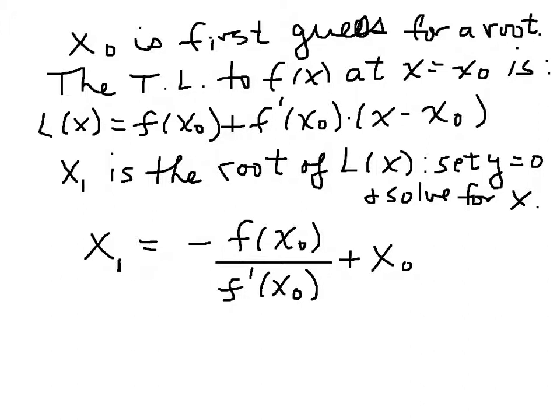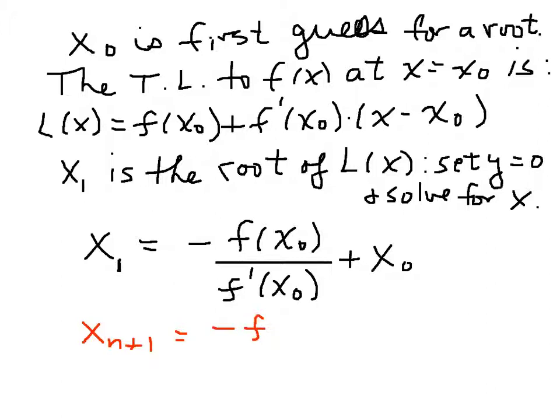And so in general, what we have is the rule for finding the next guess wherever we are. The n plus first guess will depend upon the previous one. That's what an iterative process is all about.